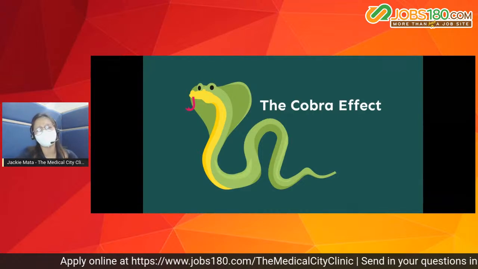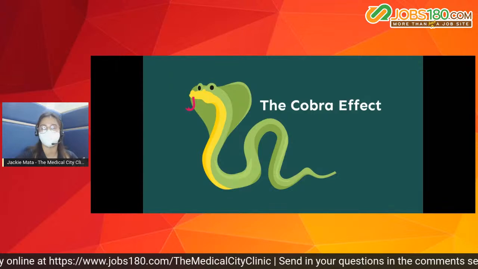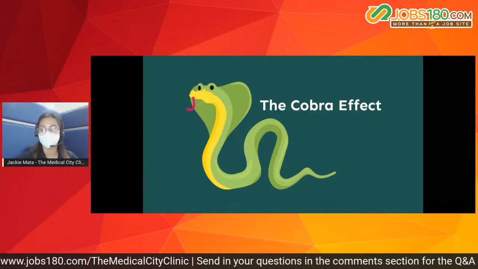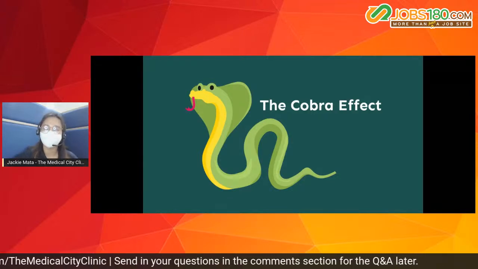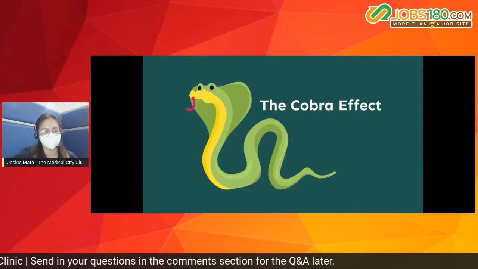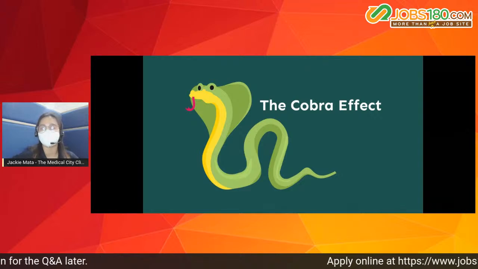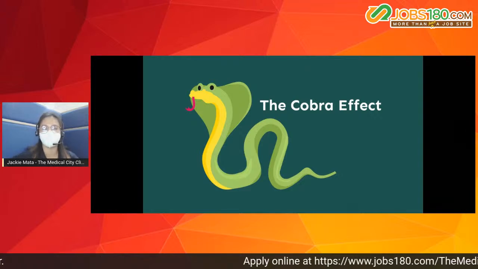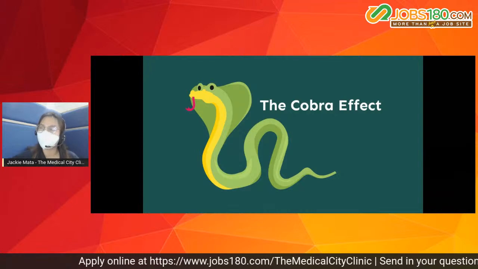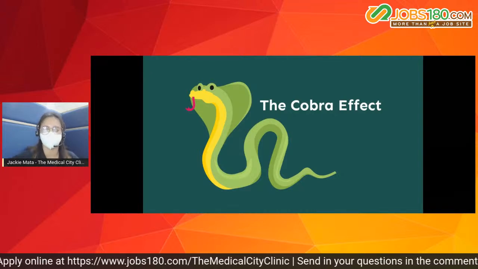At first, the concept worked very successfully because a lot of cobras were killed. But when the people realized that this could be a very profitable business, they started to breed cobras at home so they could collect more and more rewards from the government.